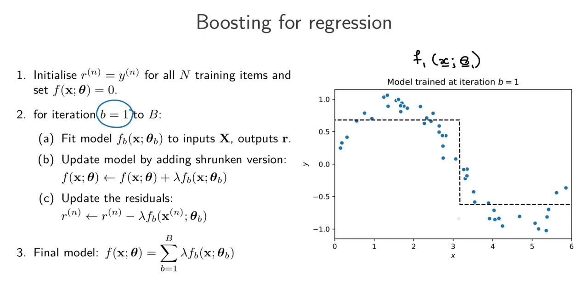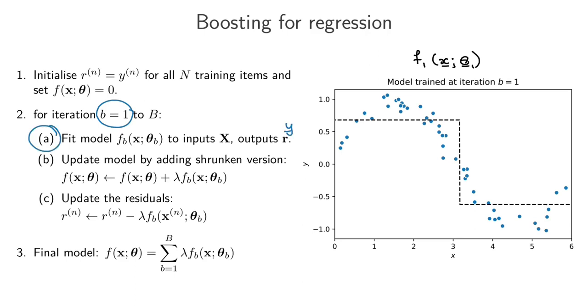The decision tree decided to split at just a little bit more than 3. In this first region, it's simply predicting the average value of all of the training points in that region, and in the other region, it's again predicting the average value of all of the training points in that region. So this is the prediction of f1.